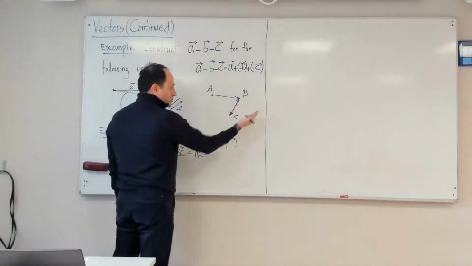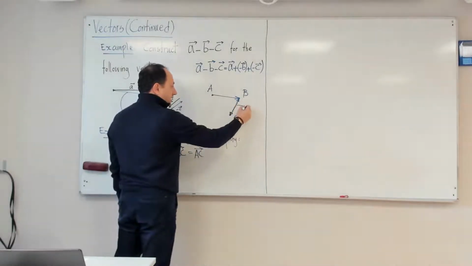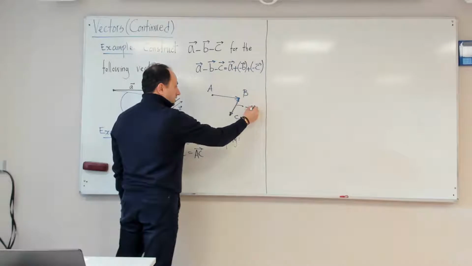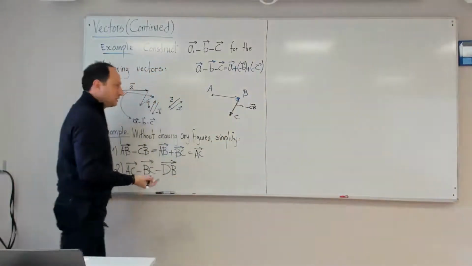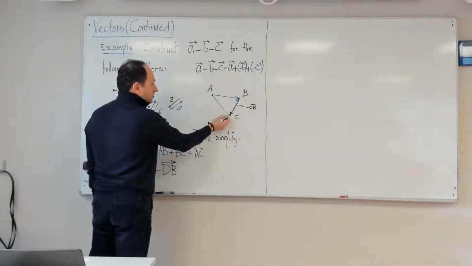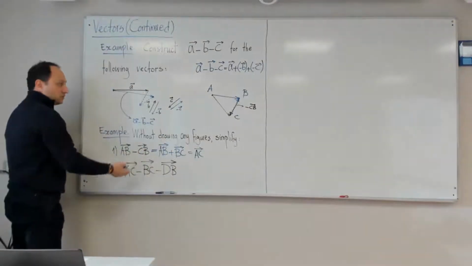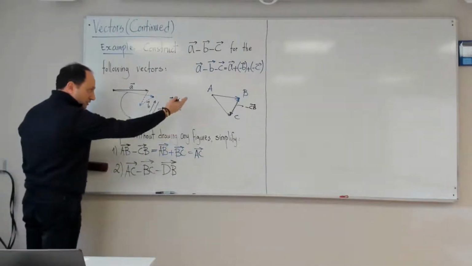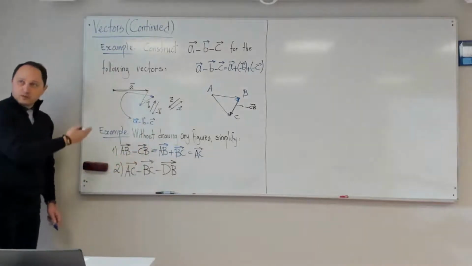You can parallel transport it, it doesn't matter, but let me keep it here. That vector that you see is minus CB. Or of course, it is clear that its name is BC. And then you add these 2 vectors, then it is clear that you get vector AC. But you see, you need to spend some time to draw pictures, to try to analyze the picture, to understand this. Whenever it can happen with the short word, it's much easier.